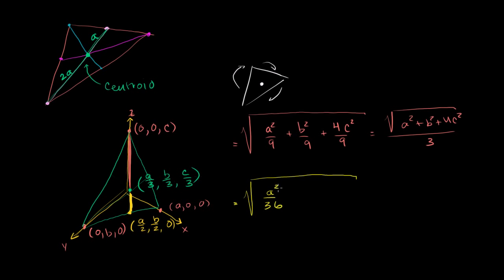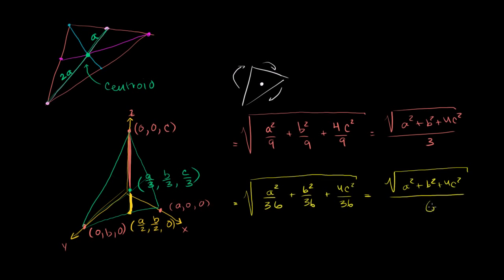You square it, you get plus b squared over 36. And then finally, you have 0 minus c over 3 squared. That's going to be c squared over 9. But just so we get a common denominator, c squared over 9 is the same thing as plus 4c squared over 36. And we can rewrite this as the square root of a squared plus b squared plus 4c squared over 6.